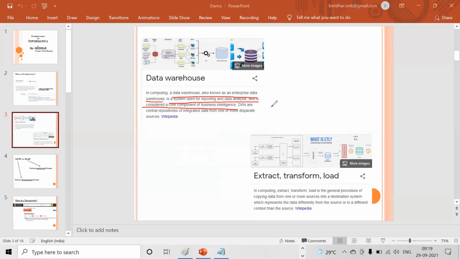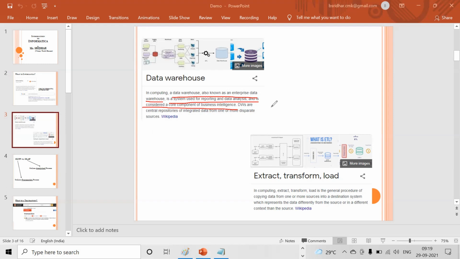I'll give you a simple example. Business intelligence is all about understanding what is happening in your business and planning to perform better in future, right? Which is very, very important.